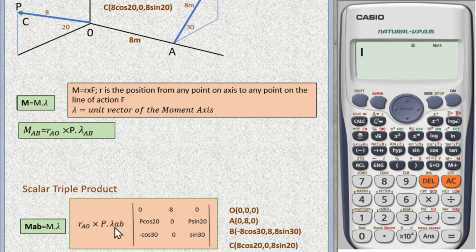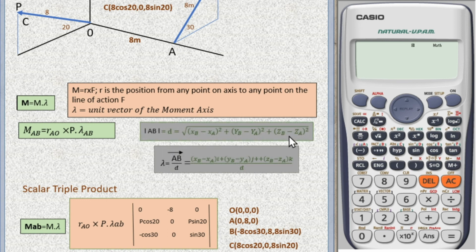And then for our unit vector AB, since it is AB, it will be B minus A. So negative 8 cosine 30 i, and then 8 minus 8 is 0, and then 8 sine 30 minus 0 is positive 8 sine 30, over the square root of (8 cosine 30) squared plus (8 sine 30) squared.